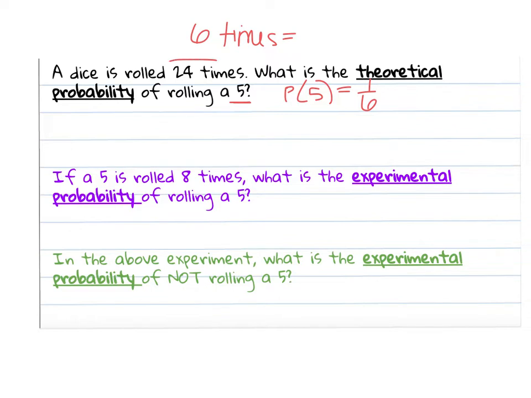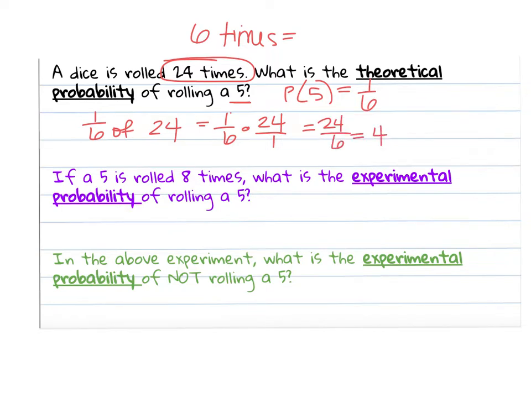So if we roll it 24 times, then 1/6 of 24 is theoretically how many times we should get a 5. So 1/6 of 24 is 1/6 times 24. And I'm going to put a 1 under here, because remember, when we multiply by fractions, we want a numerator and a denominator. So it'd be 24/6, which is 4.